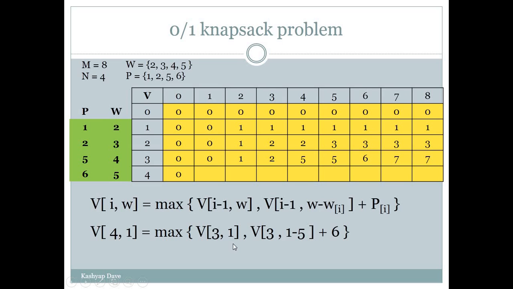Now in this calculation, if we put all the values of I and W, then our equation will be V41, the value of this cell, is the maximum of V31 or V3 minus 4. In this table V3 minus 4, no such location is available, so we will not consider this thing. Directly we will consider this V31.